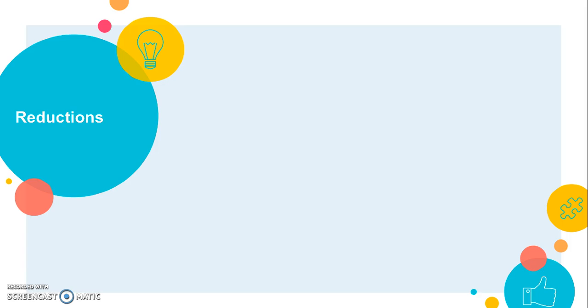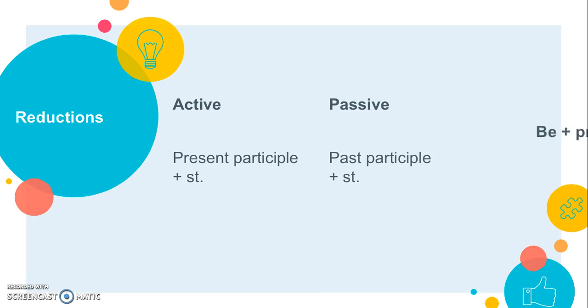Let's talk about reductions. How many ways are there to reduce an adjective clause into an adjective phrase? 3 ways, very good. In the first way or the first case, you have an active action. You will use present participle and something afterward. With passive, we use past participle.